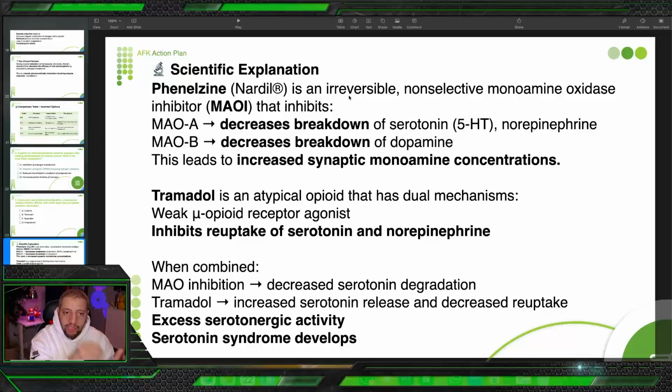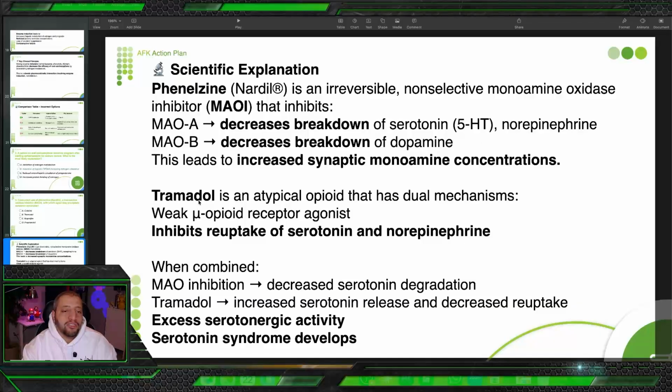So MAO is responsible for breaking down the neurotransmitters. I give an MAO inhibitor, like an acetylcholinesterase inhibitor. So I am inhibiting the breakdown, so the neurotransmitters will flourish, which are serotonin, norepinephrine, and dopamine. So blocking MAO will lead to increased synaptic monoamine concentration, which is serotonin, dopamine, and norepinephrine. This is for the first medication.